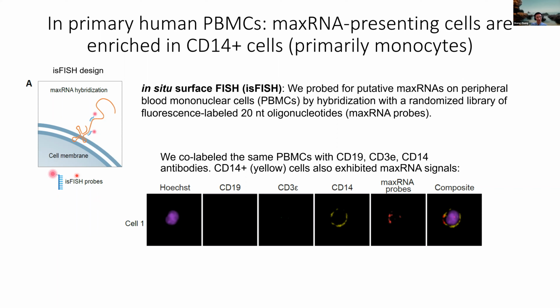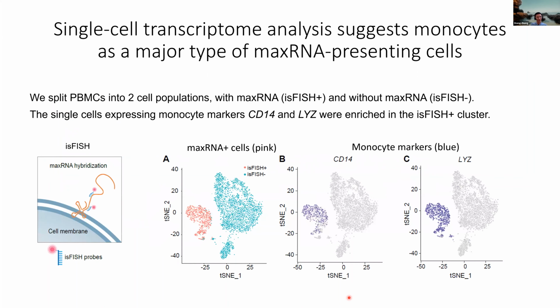After washing, if we image these fluorophores, and also image with antibodies against different subtypes of PBMCs, we see co-localization of CD14 surface protein and putative surface RNAs on the same cells. In order to quantify this, we split the PBMCs into two pools of single cells.